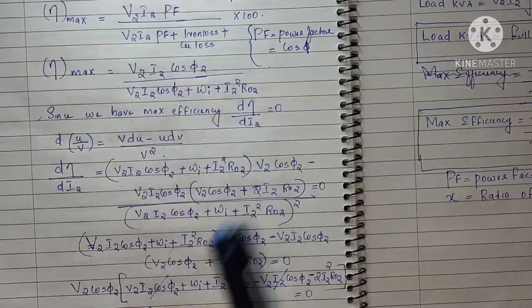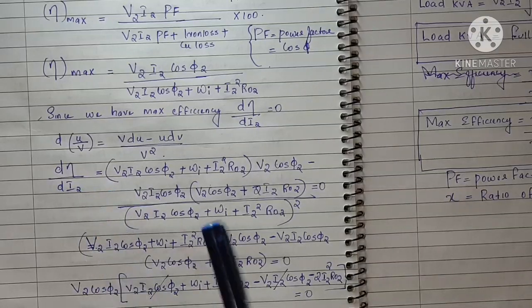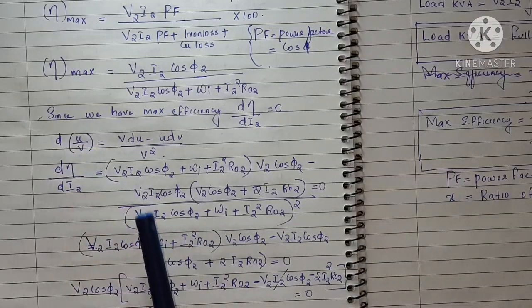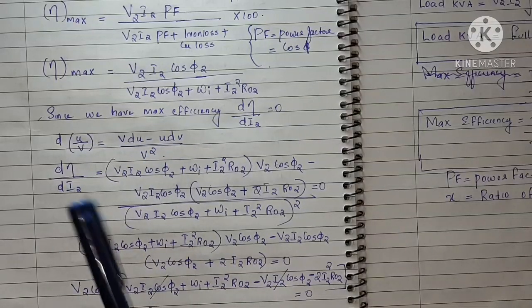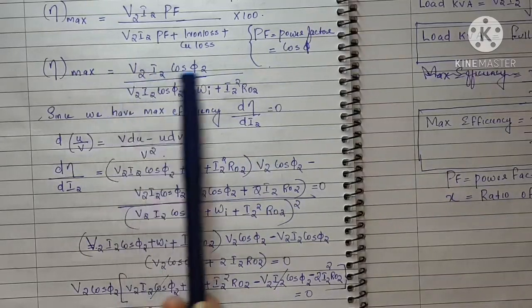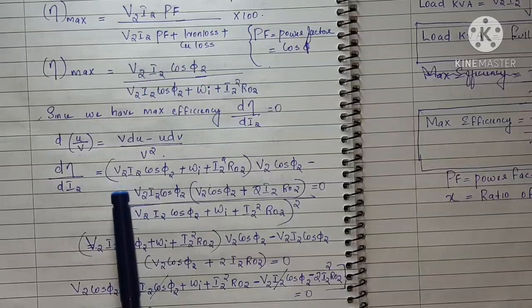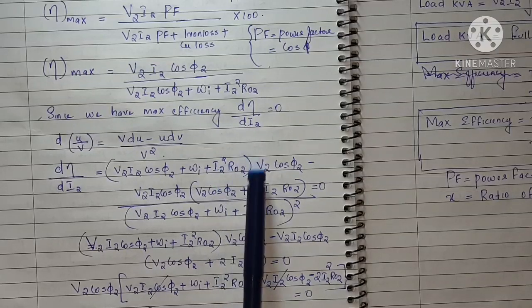We are taking the derivative in terms of I2, that is dη/dI2 can be written as the derivative of u by v, which is (v du minus u dv) by v², considering the denominator term as v and the numerator term as u. So v du means the denominator term can be written as it is: V2 I2 cos φ2 plus Wi plus I2² R02.